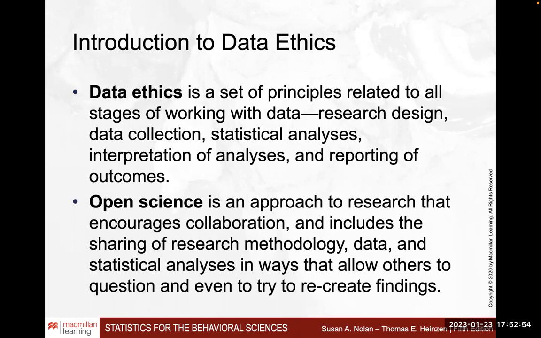What you essentially do is share research methodology, you share codes. If you coded something in R, you share your codes. Some journals actually require that you share your codes. You share sometimes even your data, and you're very transparent about what you did, how you did it, and why you did it. So this is basically open science. You increase the level of transparency of the research that you have conducted.